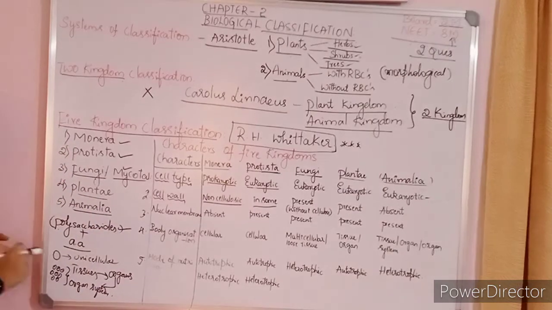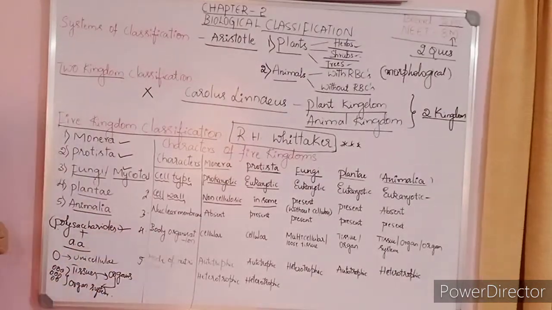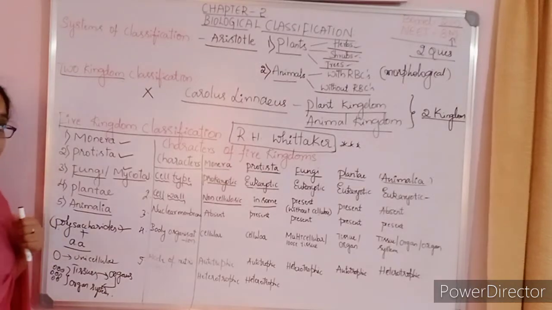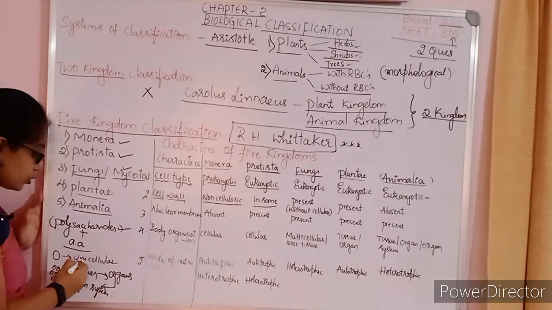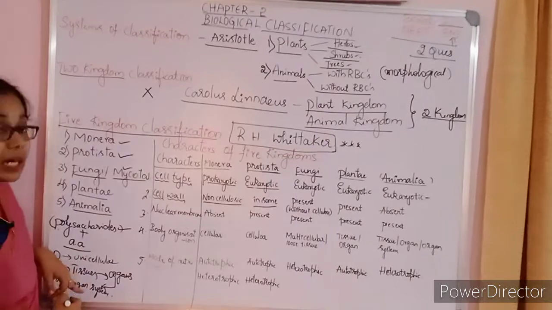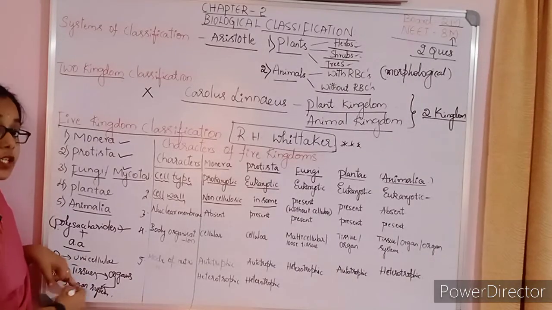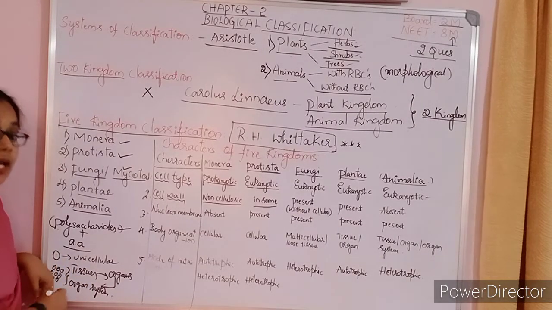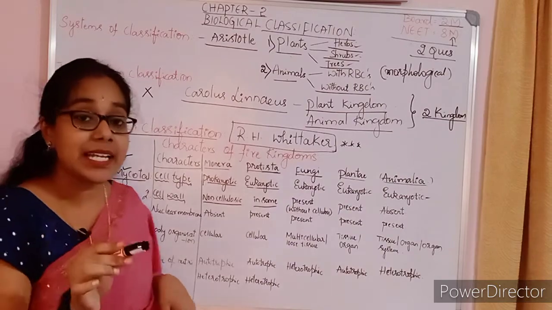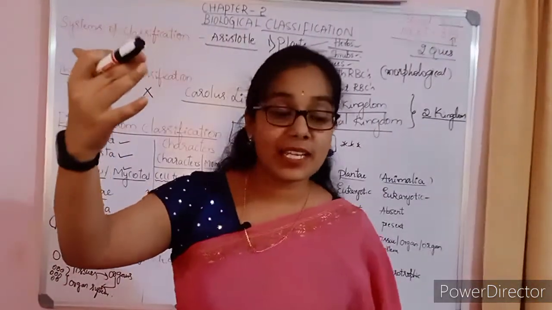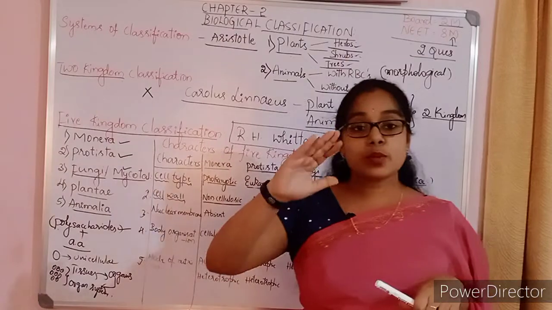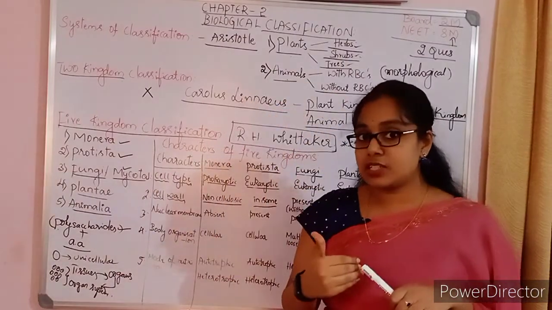So in body organization, you study whether the organism is unicellular or multicellular, and if it is multicellular, you study the level of organization.